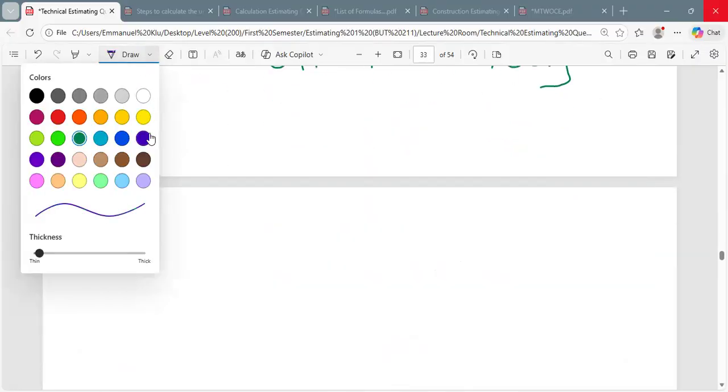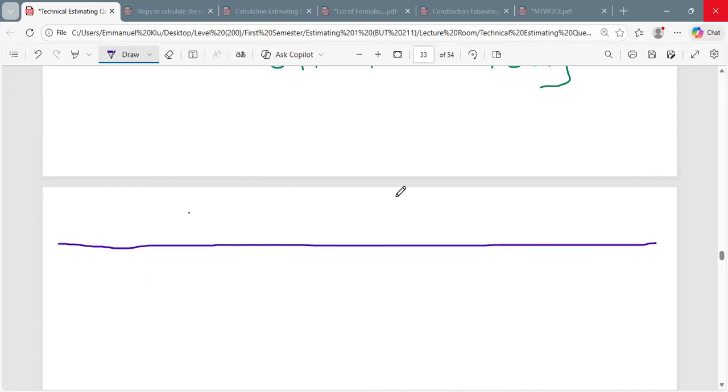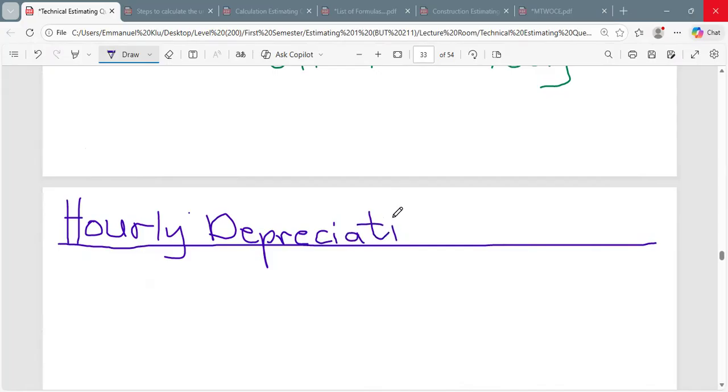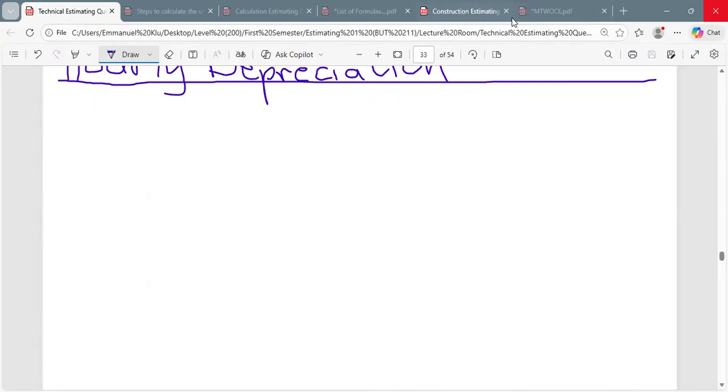So the hourly depreciation, look at the formula.